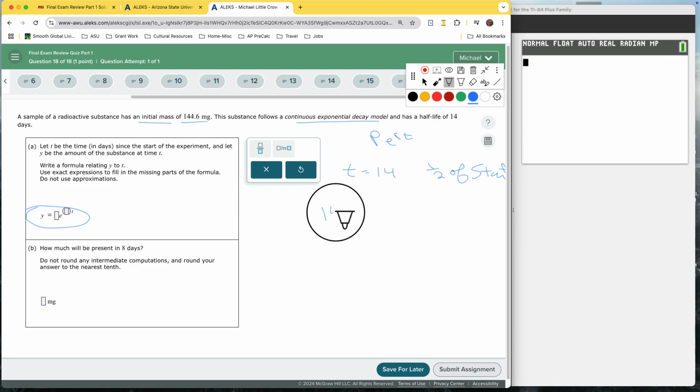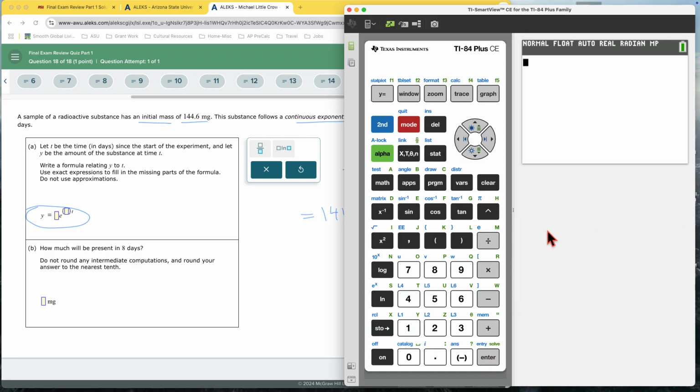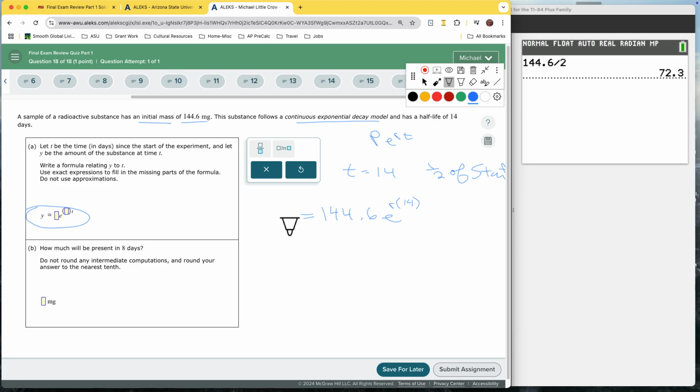So it's 144.6 e to some rate times t, which we're going to set up for 14 days, because in 14 days we know there will be half of this left. So half of 144.6 is 72.3. So that's where that came from.